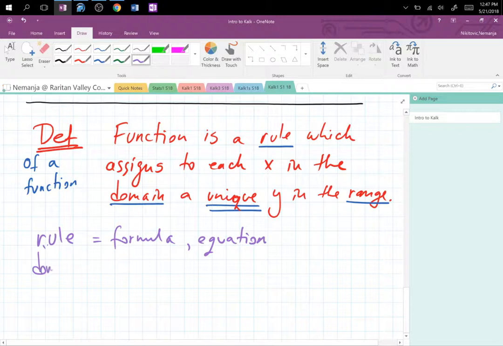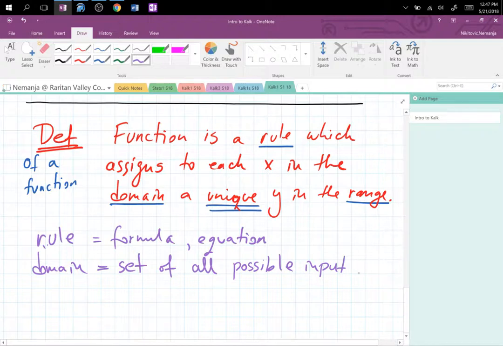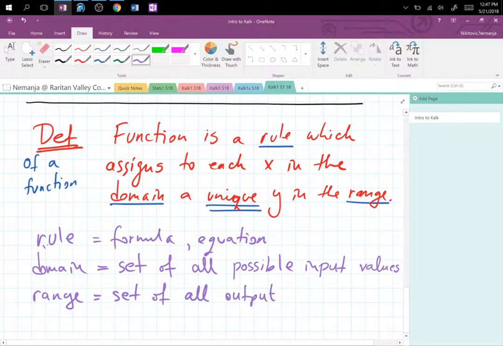Domain: the set of all possible input numbers, input values. Range: the set of all output values.